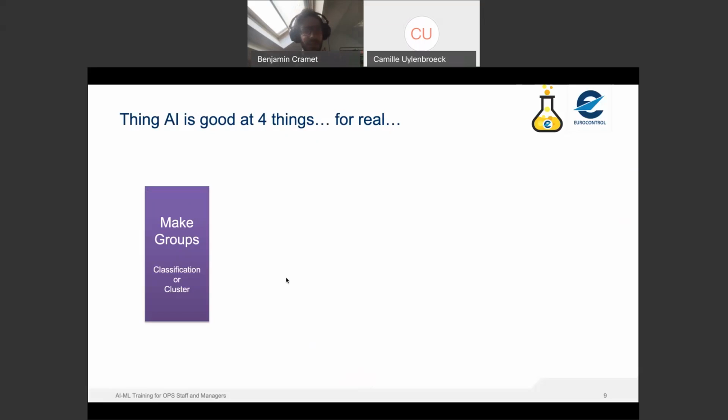Unknown categories is something a bit abstract, but let's think of a set of trajectories between Paris and Istanbul. You will have flights that go over Germany, some over Switzerland, others over Italy, and you do not say to the system which category you want. You want to create groups of consistent trajectories.